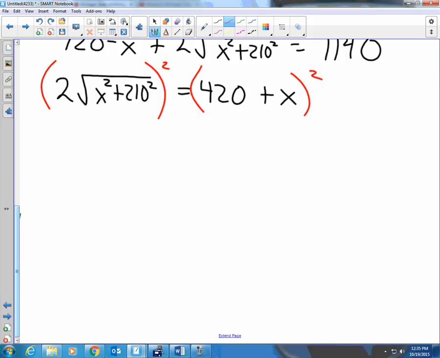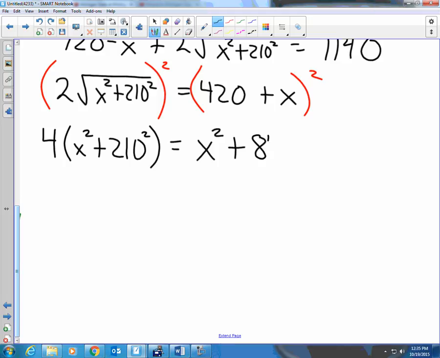2 squared, 4, times x squared plus 210 squared equals x squared. What are you going to get in the middle? 840x.